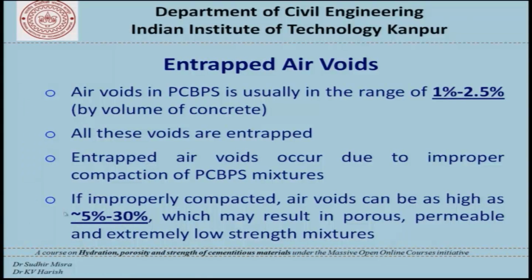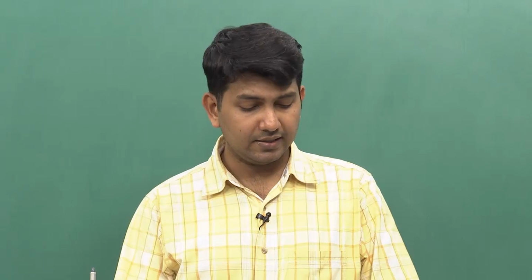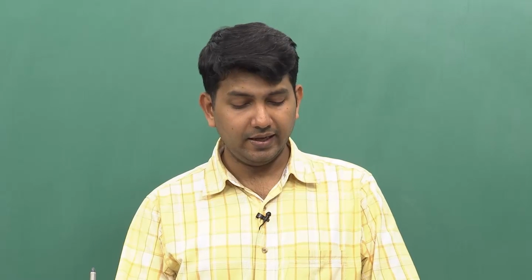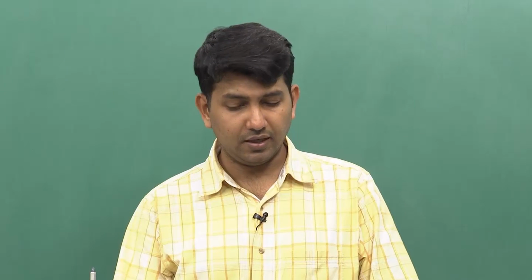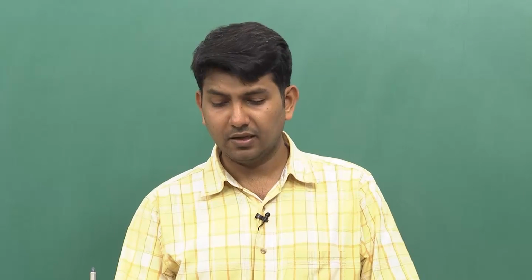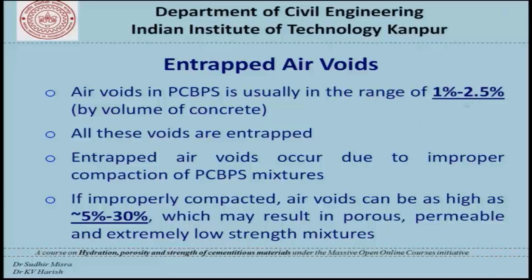Usually this is a huge amount of air voids, and we usually do not prefer such large amounts in the mixture, and hence compaction is largely done in order to reduce this 5 to 30% to as low as 1% to 2.5%. This will substantially enhance strength of the mixture and reduce the porosity and permeability.